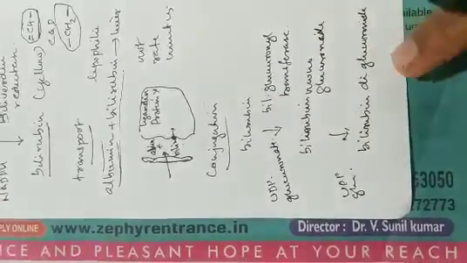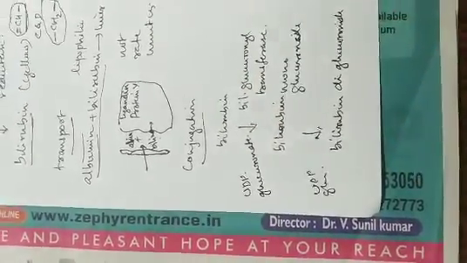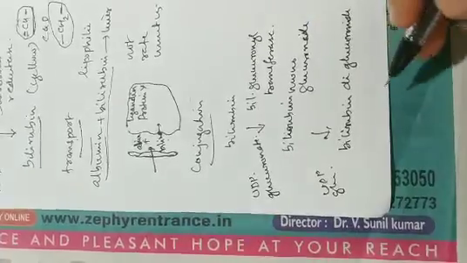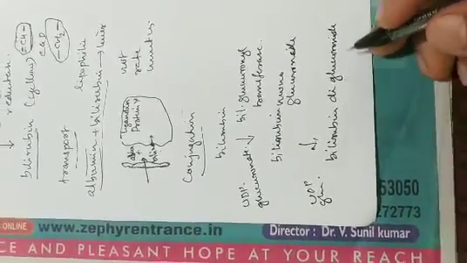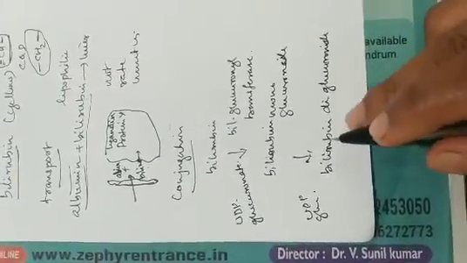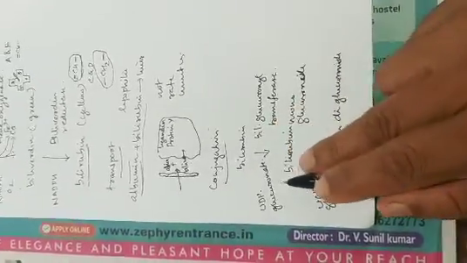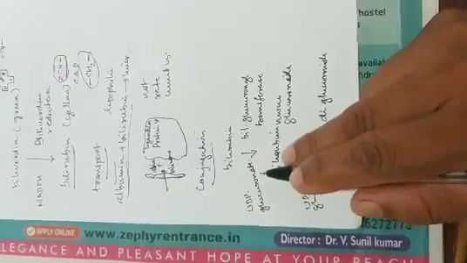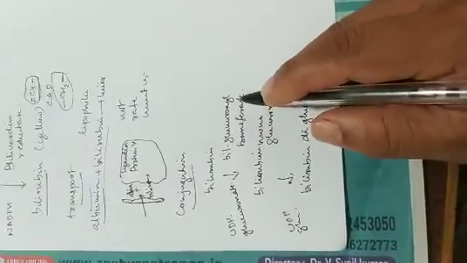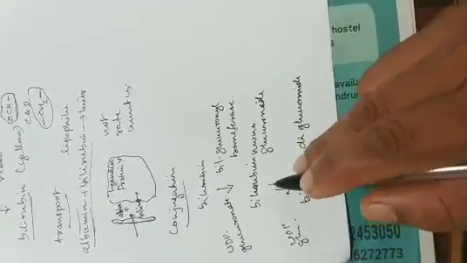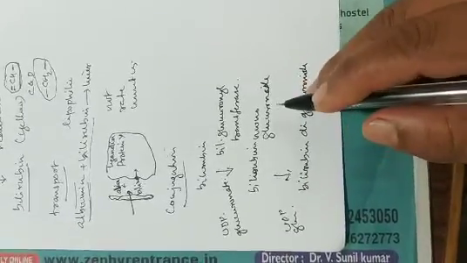By this conjugation, lipophilic bilirubin is converted into hydrophilic bilirubin. This is soluble in aqueous form. So bilirubin accepts a molecule of glucuronide from UDP glucuronide with the help of enzyme bilirubin glucuronyl transferase, and it forms bilirubin monoglucuronide.